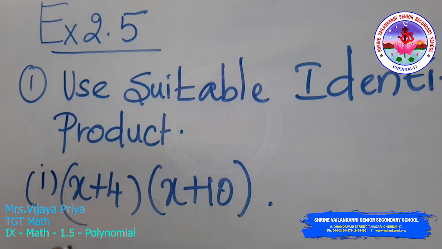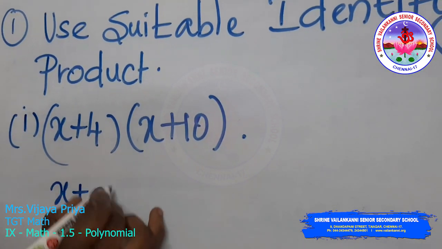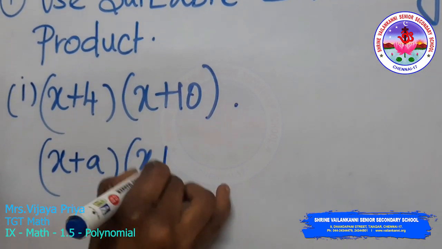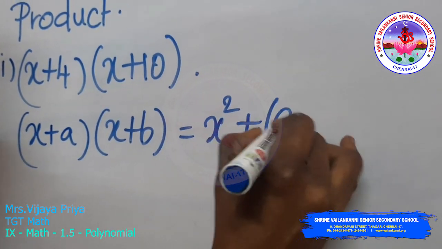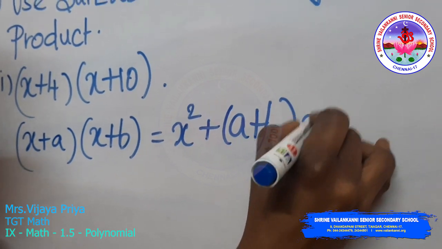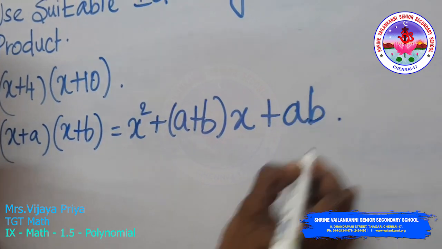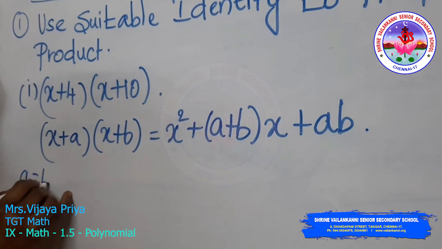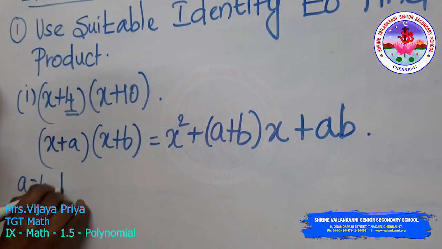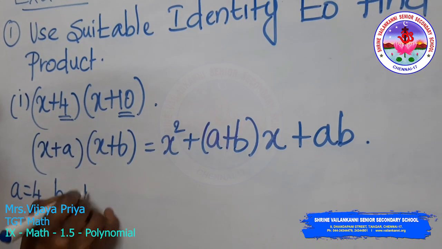I am going to use the identity (x + a)(x + b), which is equal to x squared + (a + b)x + ab. Here you have a equal to 4, b equal to 10.